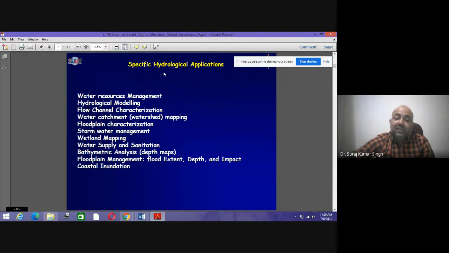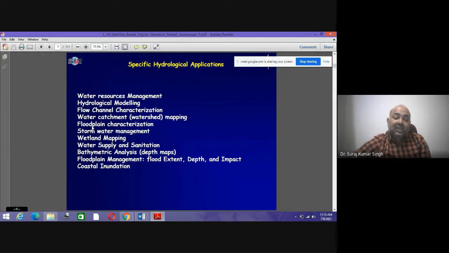So a specific hydrological application of digital elevation model: it is used for water resources management, hydrological modeling, flow channel characterization, water catchment, watershed mapping, because you have to see the watershed area. So you will be using that digital elevation model to identify the different kinds of watersheds available in your area.